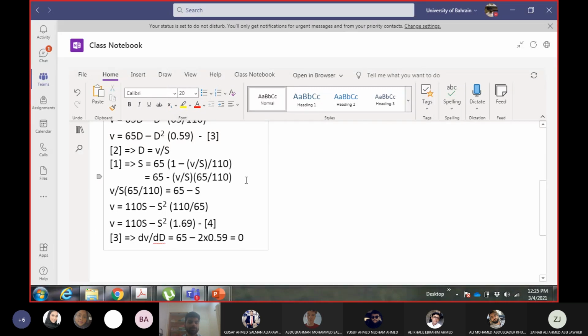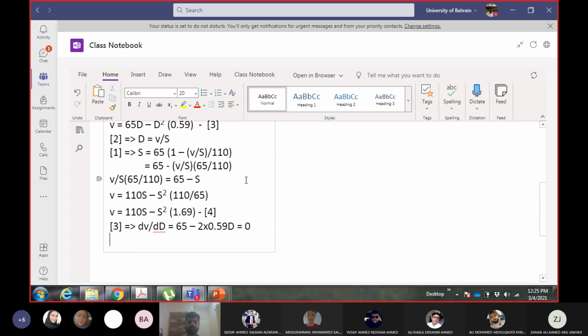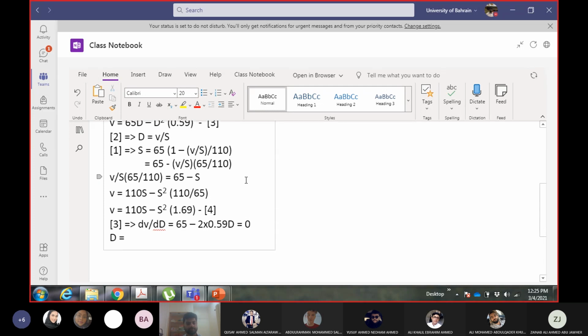So from this equation, give me the value of k here. What will be k here? 55.